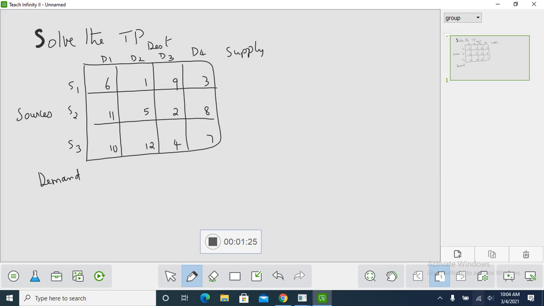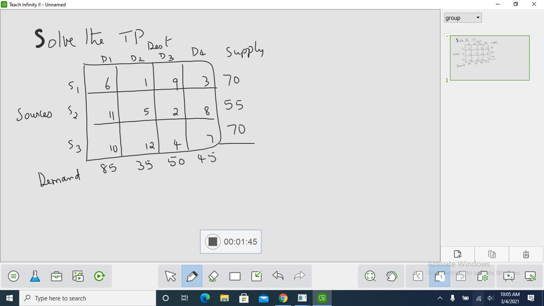The corresponding supplies are 70, 55, 70. The corresponding demands are 85, 35, 15, 45.